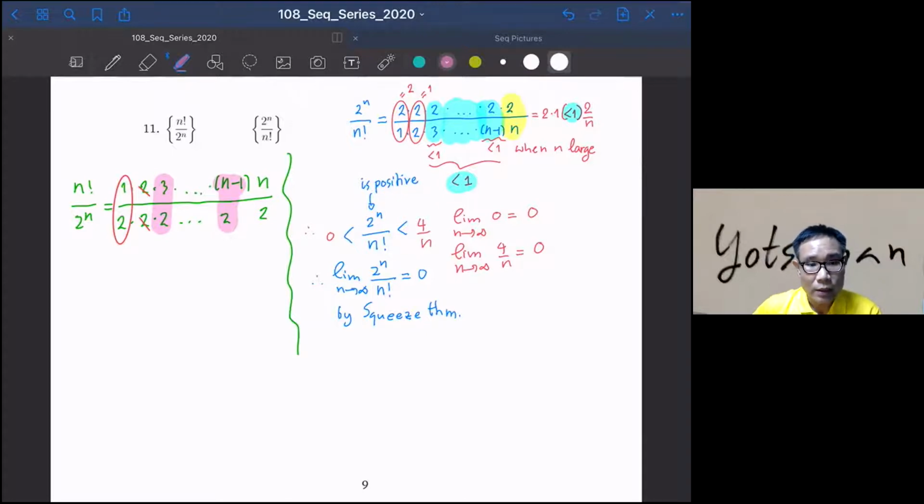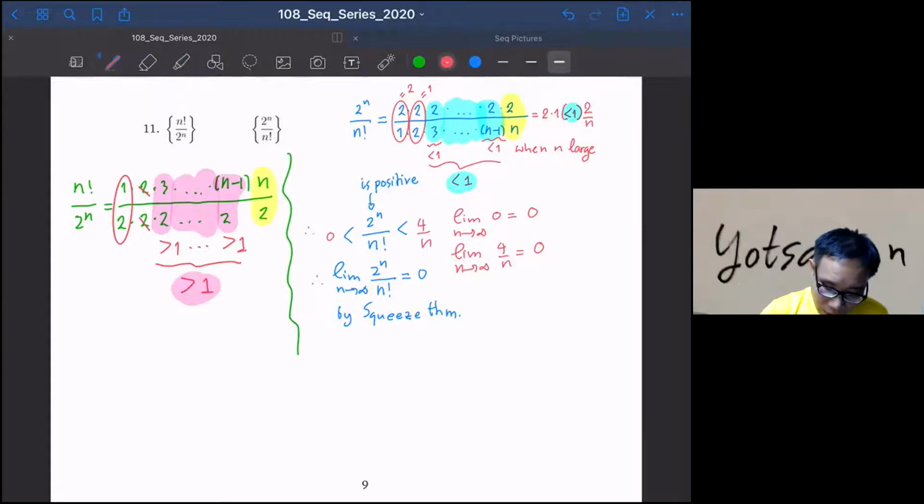And these terms turned out to be more than 1. So you see that the pink part in the middle turned out to be more than 1, and the whole product will be more than 1. So you're going to have 1 over 2 times n over 2, which is the yellow part, and something in the middle more than 1.